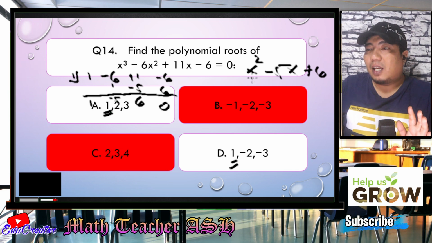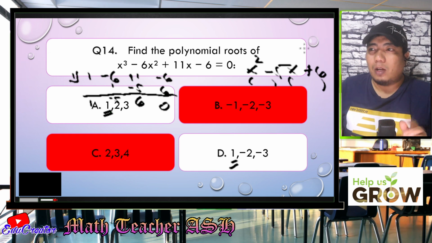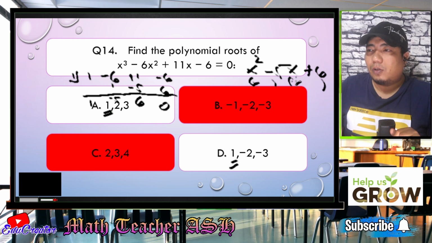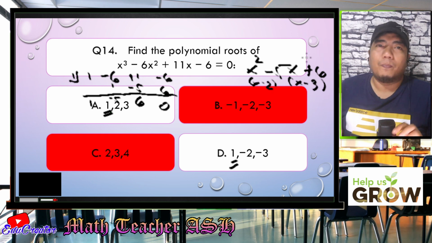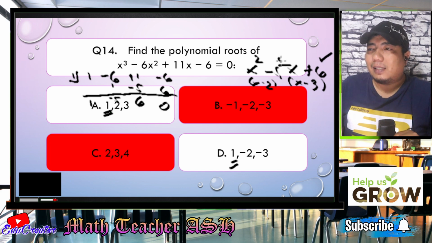Now, if that is the case, you can apply your factoring method in which the factors of 6, when added, will become negative 5. So basically, what are those values? Those are negative 3 and negative 2, because negative 3 and negative 2, when you multiply, will become positive 6. And when you add them, that is negative 5.